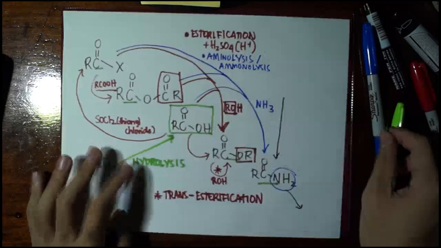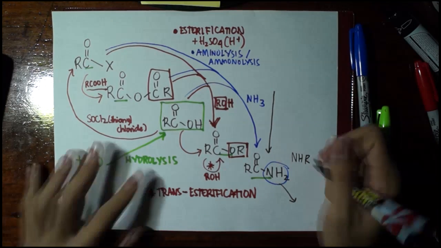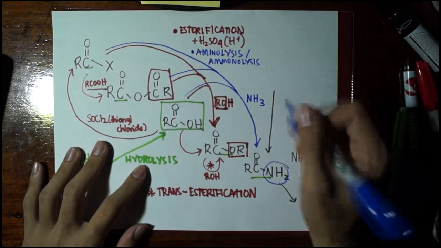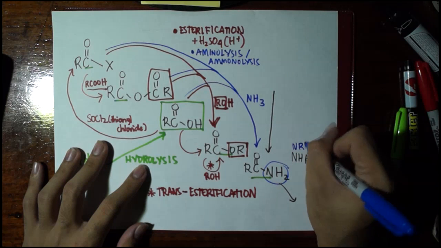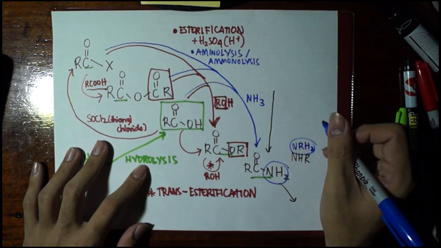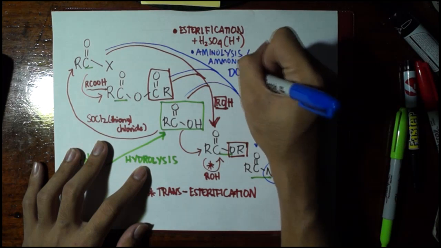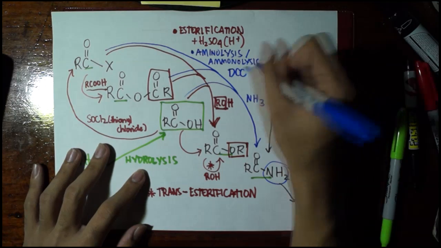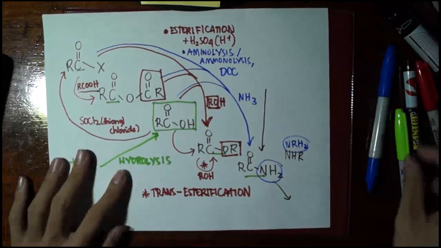But the moment that it becomes something like NHR, it will be aminolysis, because the source will now be an amine, NRH2. And you use a certain reagent. This is DCC. The name is quite long, so I'll just mention the acronym DCC.